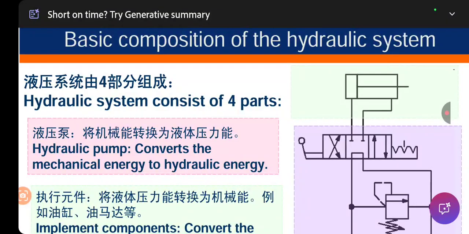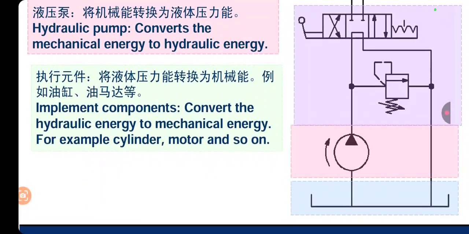So how can we define the pump? As I told you, it gets drive from the prime mover, and it sends the oil to the control valve by taking it from the tank. So let's combine it all. We can say that a hydraulic pump is a device which converts mechanical energy of the engine, because it gets mechanical drive.